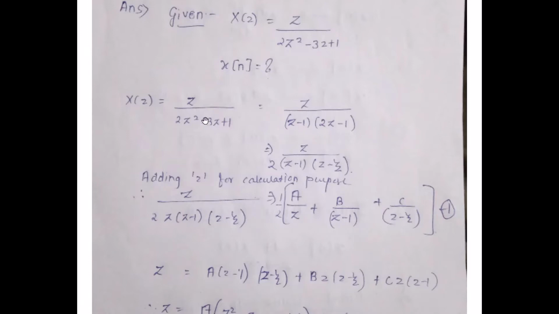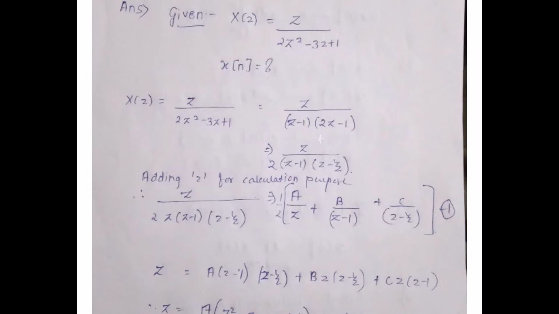So basically I have x of z given as z upon 2z square minus 3z plus 1. Just factorize it to find z upon (z minus 1) into (2z minus 1), which is equal to z upon 2 into (z minus 1) into (z minus half). So this is the z transform which is given to me.